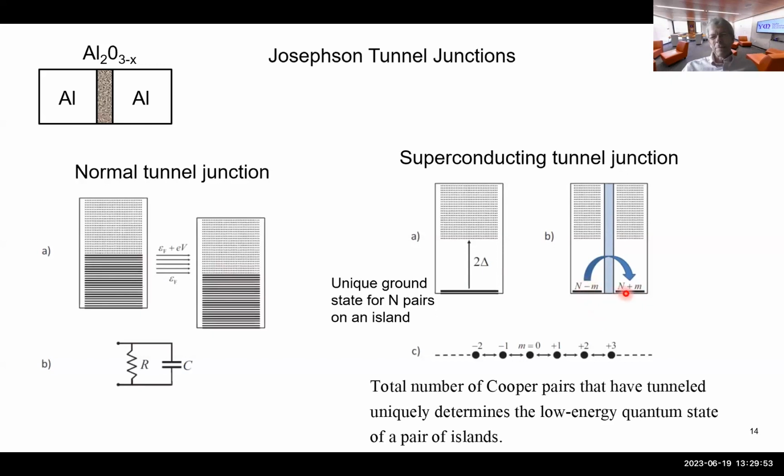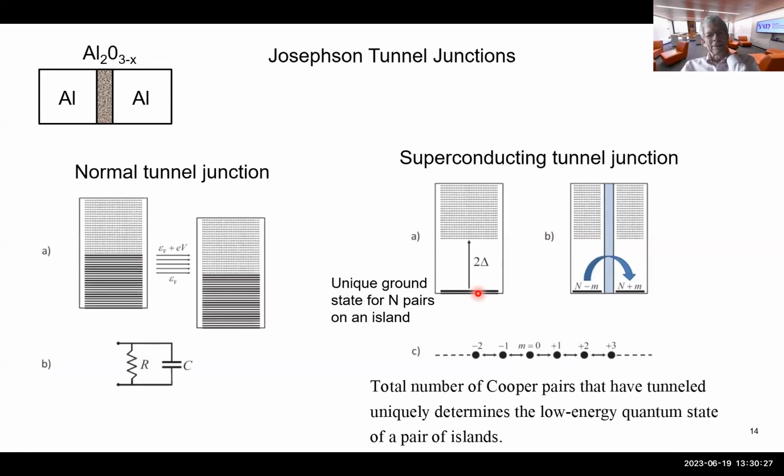Now, if I transferred Cooper pairs from one junction to the other, if they could tunnel, but just think about it, there's no tunneling. I just moved some of the pairs. Then it's still true that the ground state of each piece of metal is down here. All the electrons are happily paired up, there's an even number of them, and there's still a big gap. So in other words, there's a unique ground state.